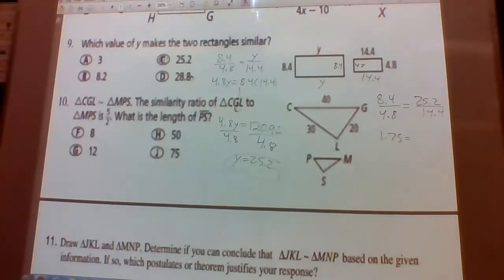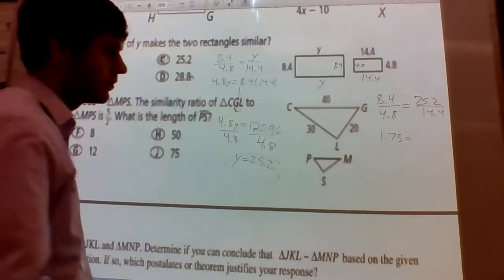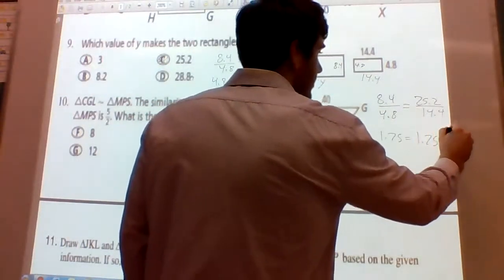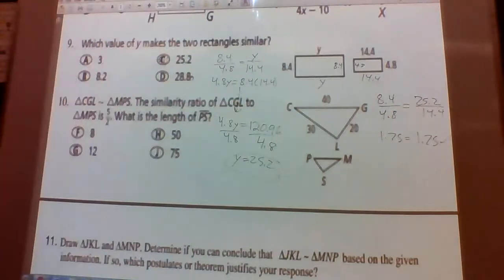And then 25.2 divided by 14.4 is 1.75. So we know we have the correct answer in C because the sides are proportional.